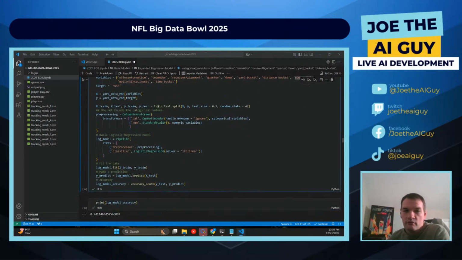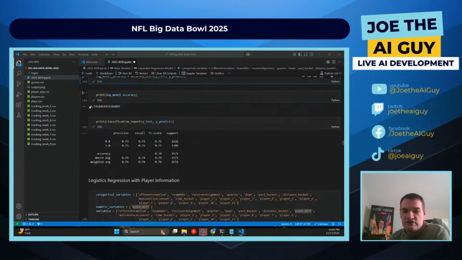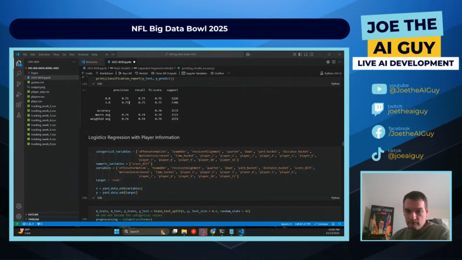So once we put those in, you can see just that same logistic model now goes to a 74% accuracy, which is great. And looking here, you can see that the precision recall scores are much closer together. So it's far more accurate in terms of its overall prediction. There's less fluctuation here.